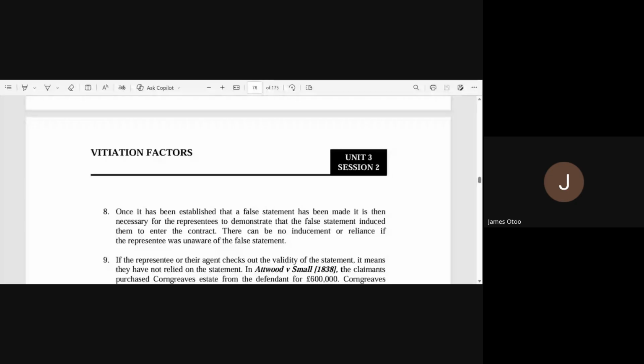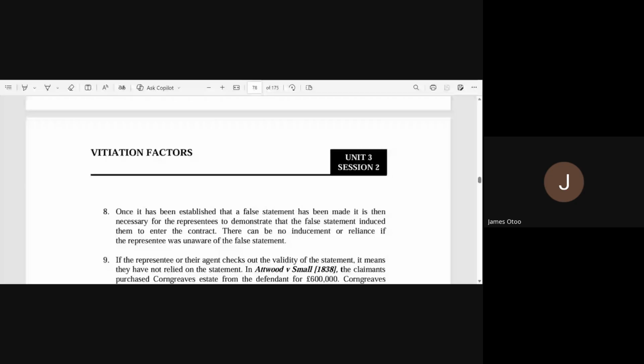So once it has been established that a false statement has been made, it is then necessary for the misrepresentee to demonstrate that the false statement induced them to enter into a contract.